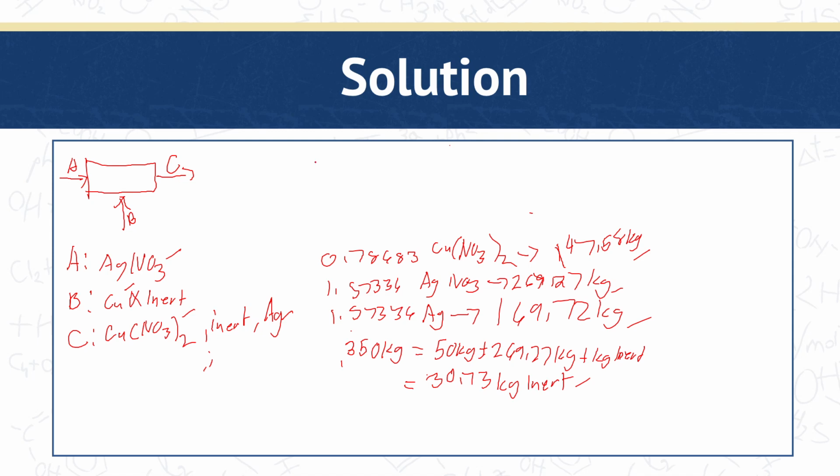So it should result with all these three values, and as a way to check, even with a slight difference due to rounding errors, 147.58 plus 169.72 plus 30.73, because inert material must stay constant throughout the entire situation because it reacts with nothing. You should result into a value that is relatively similar to 350 kilograms.